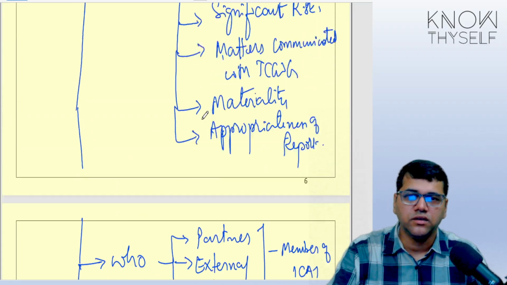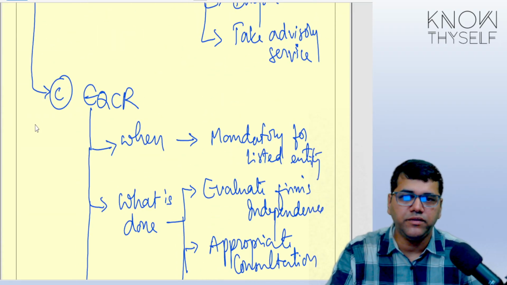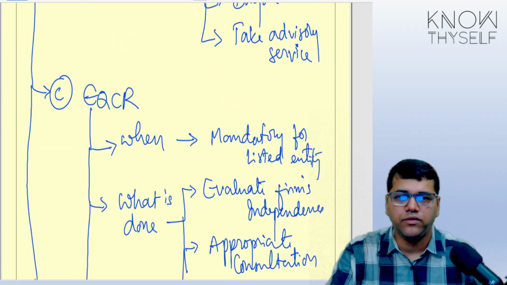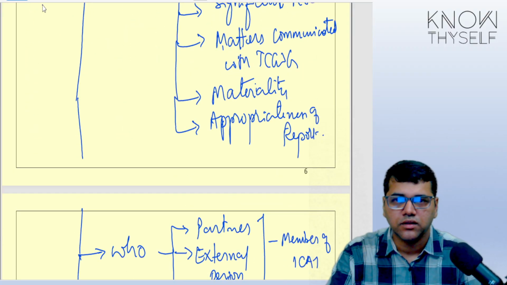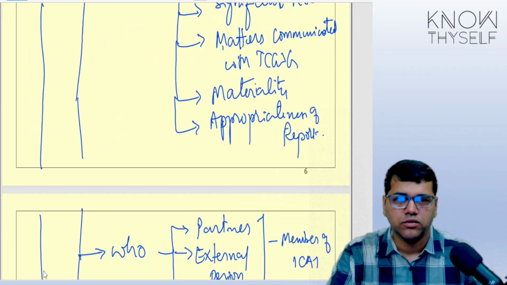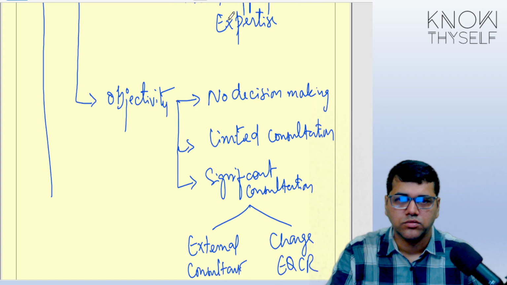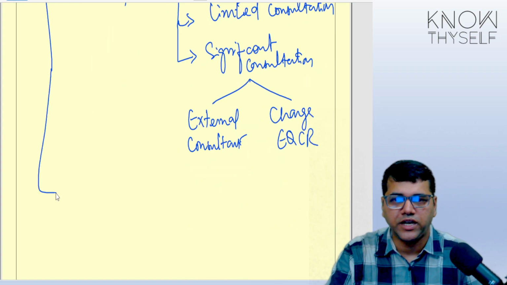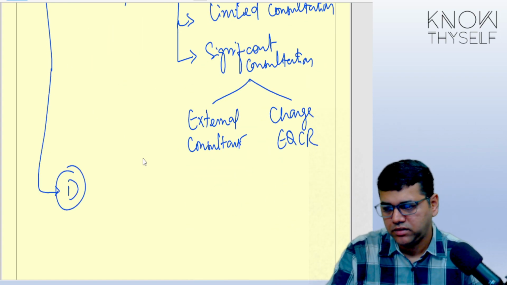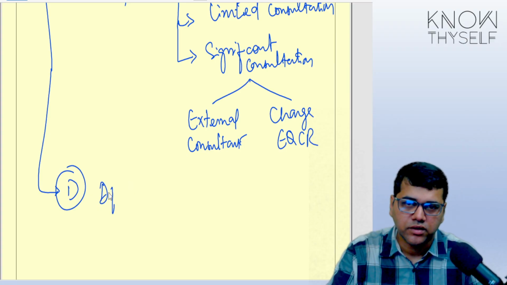Okay, so next thing, point number C, we have written EQCR. So we will continue with this. You can write point number D, difference of opinion.